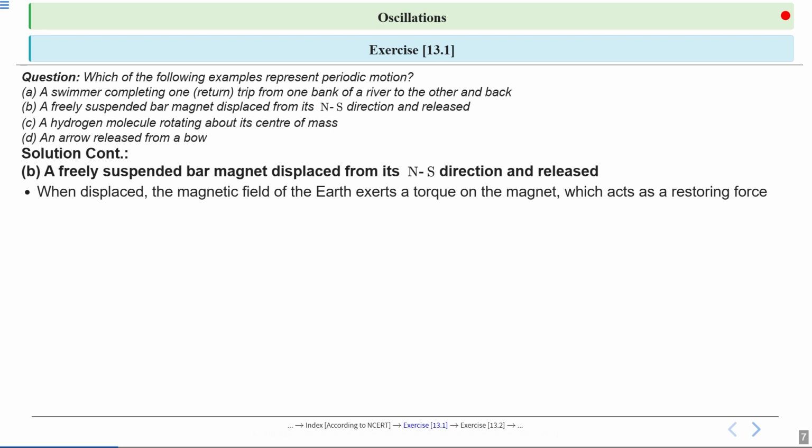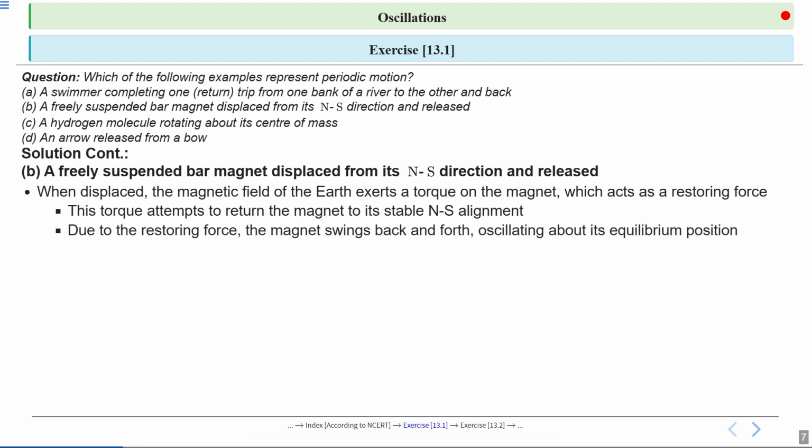Torque is a turning force that tries to rotate the magnet back to its original position. This is similar to how gravity pulls a pendulum back toward its lowest point. This torque attempts to return the magnet to its stable north-south alignment.